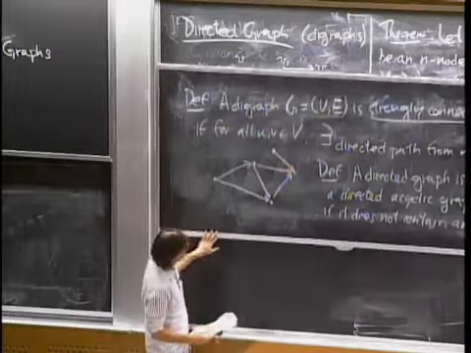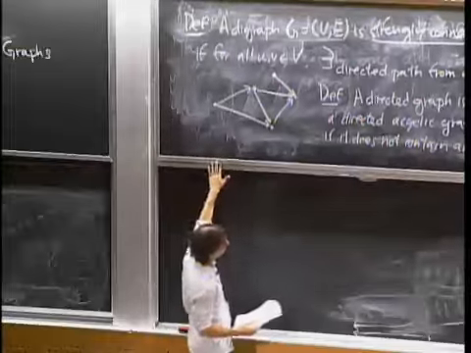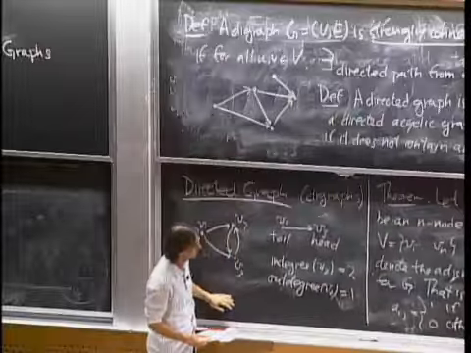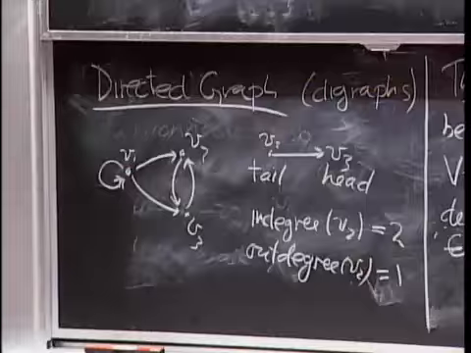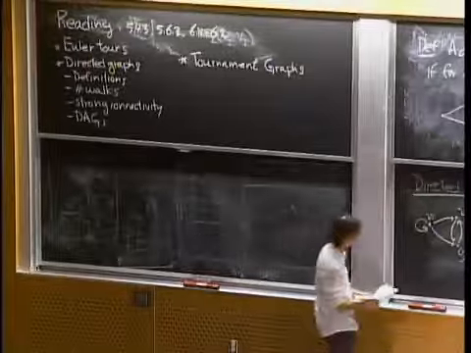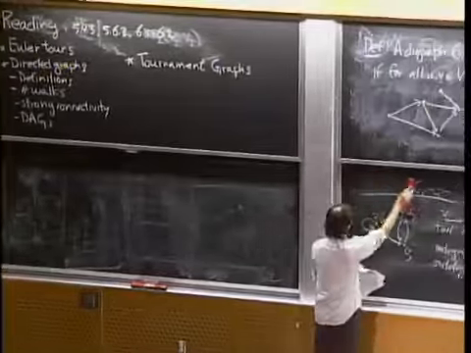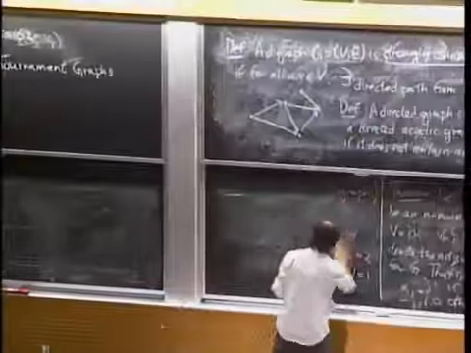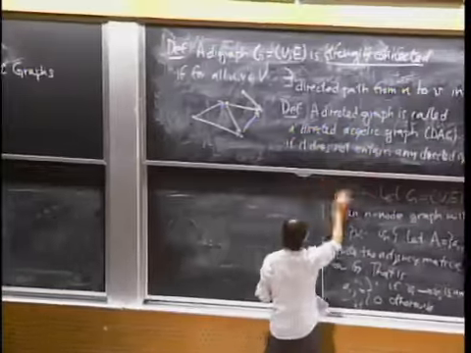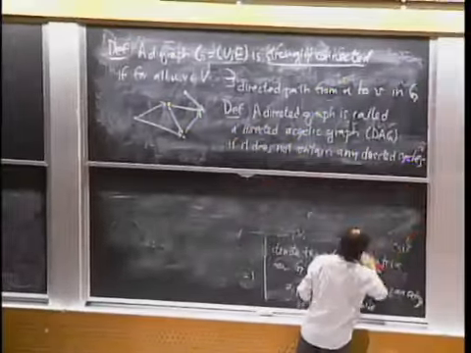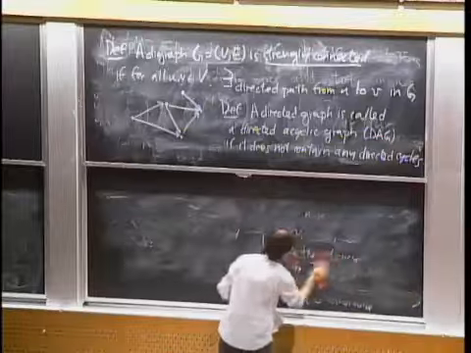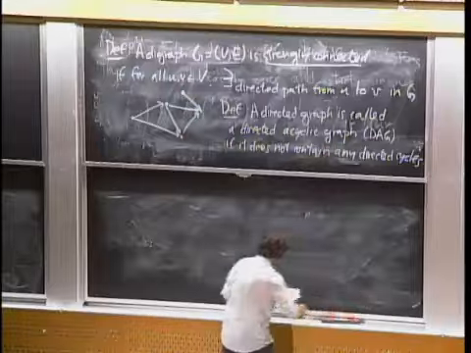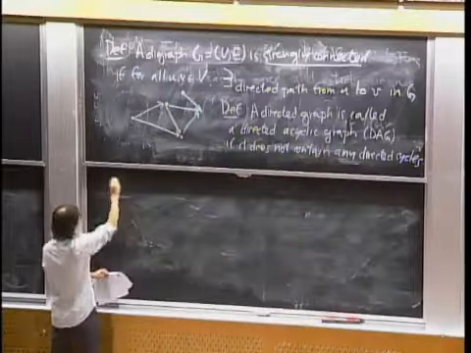Okay, so now we have done a lot of definitions concerning directed graphs. So now let's talk about these very special ones, tournament graphs, and see whether we can prove a few really nice properties, theorems about them. Let's see whether we can figure that out together. Okay, so what is a tournament graph?